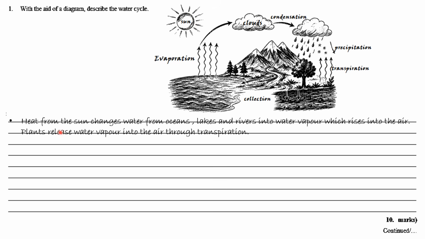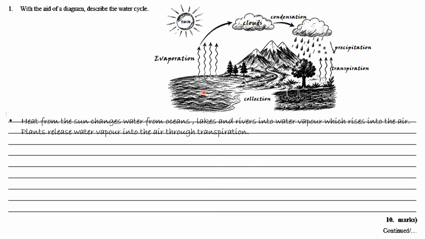So heat from the sun changes water from the oceans, the lakes, and the rivers into water vapor through a process called evaporation, which rises into the air. At the same time, plants also release water vapor into the air through a process called transpiration.